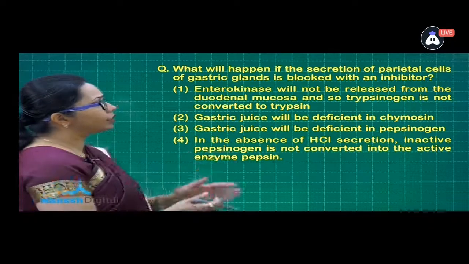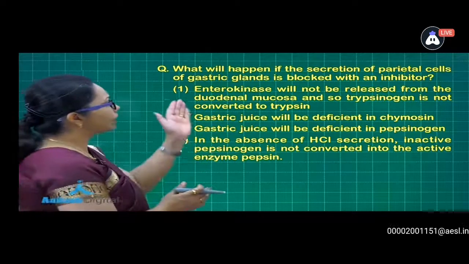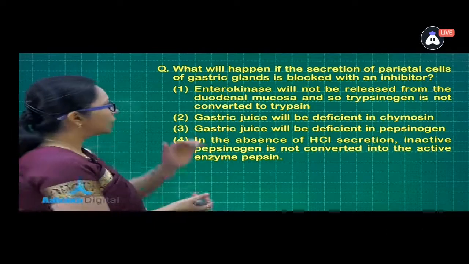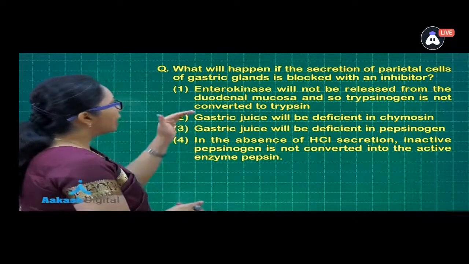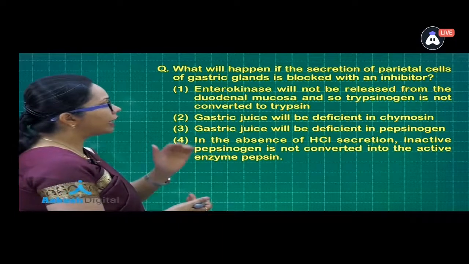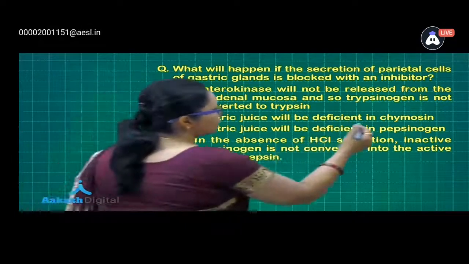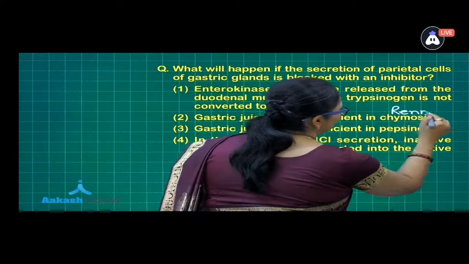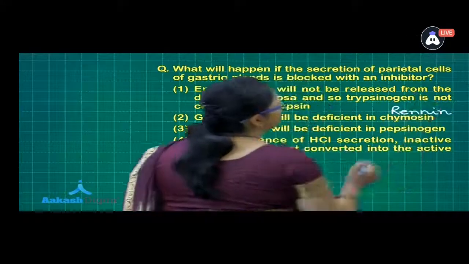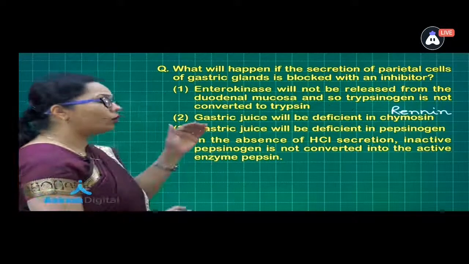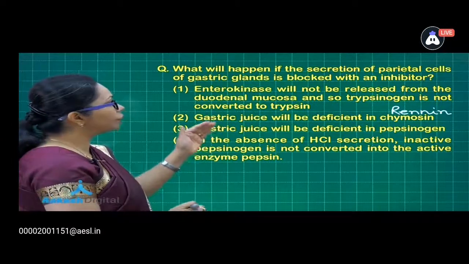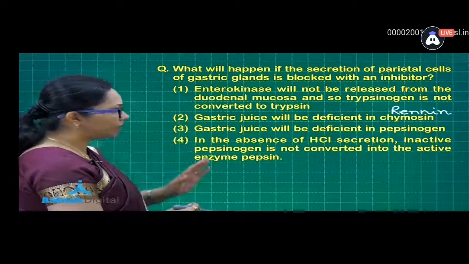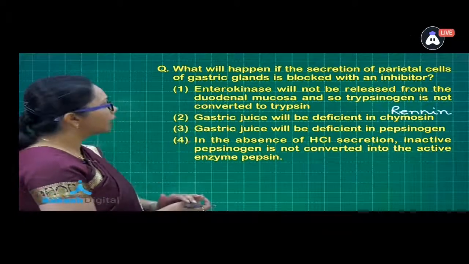But the secretion of the parietal cells does not affect the secretion from the intestinal glands, so that is unrelated. Next, gastric juice will be deficient in chymosin. Chymosin is just another name for renin. The gastric enzymes are secreted from the peptic cells or chief cells, not from the parietal cells, so this is also not correct.